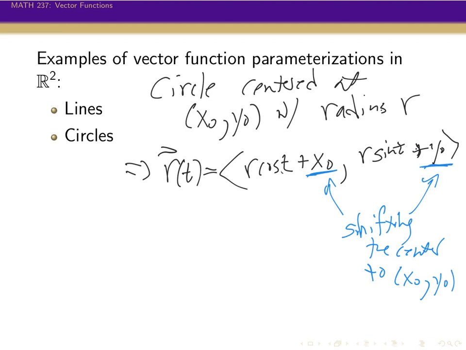And then the cosine and the sine are drawing out a circle. If it was just cosine and sine, it would be drawing out a circle of radius 1. To get the radius bigger, that's what the r is doing. So the r is controlling how big. Cosine and sine are drawing the circle. R is controlling how big the circle is. Okay, and so this is the general formula for getting a parameterization for a circle.